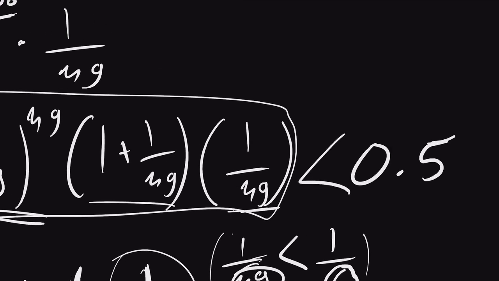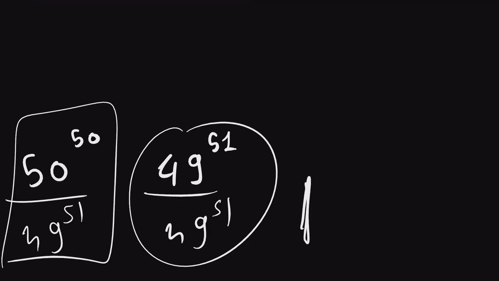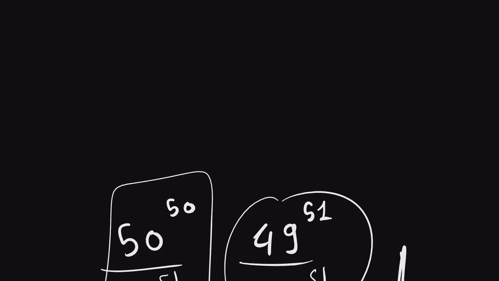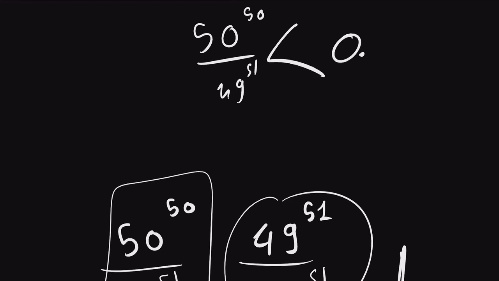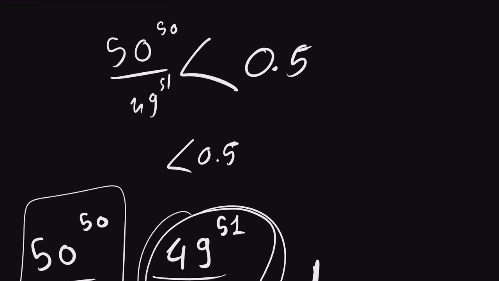And so this practically concludes this problem. So if we go back to the numerator right here, we approximated 50 to the 50 over 49 to the 51. We know that this is going to be less than 0.5. And since this is less than 0.5, it's going to be less than 49 to the 51 divided by 49 to the 51.